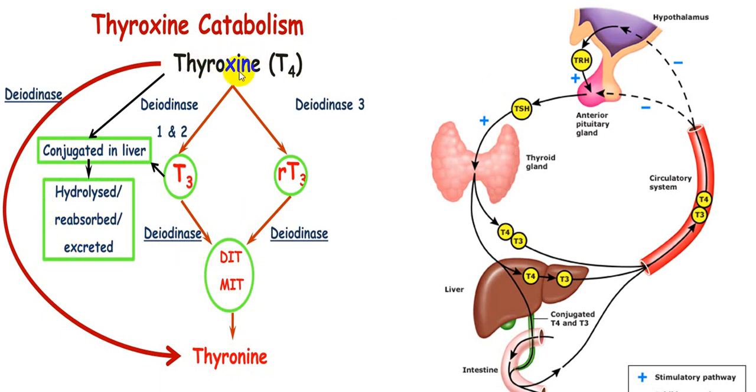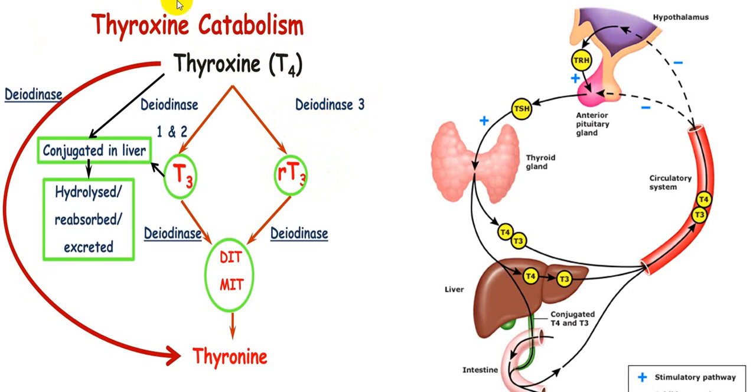Or T4 is converted into reverse T3, and the deiodinase enzyme will further convert that. T3 is the active compound, reverse T3 is the inactive compound, and that will again be converted by deiodinase enzyme into DIT and MIT. Now conversion from thyroxine, that is T4, into reverse T3 is by deiodinase 3 enzyme.